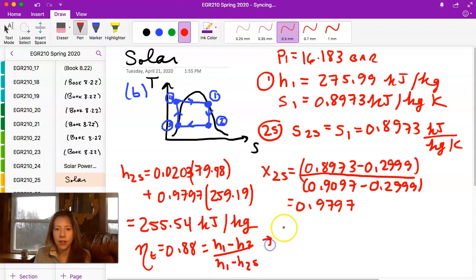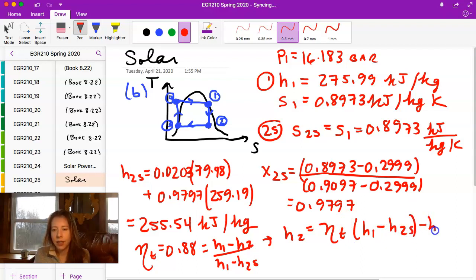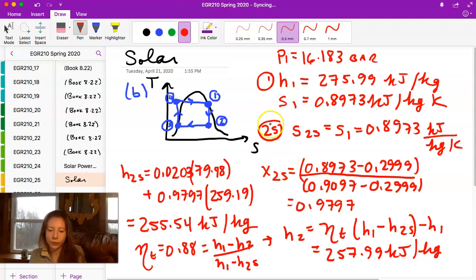And so that's going to give us that H2 is H1 minus eta T times H1 minus H2S. And so we get 257.99 kilojoules per kilogram. That was minus H2, and this is positive H2.